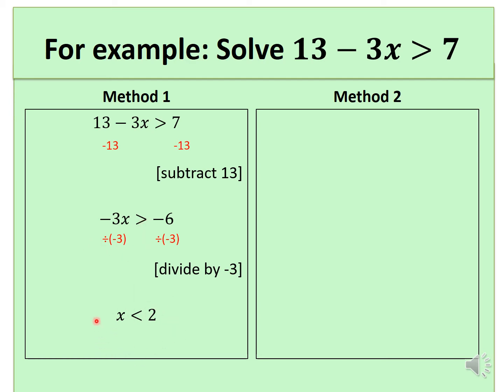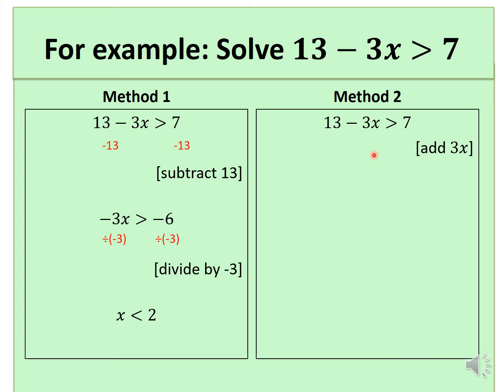Just to prove our answer is right, I'm going to use another method to see if I get the same answer as this one. Okay, so let's see. Let's say we get rid of minus 3x first. In order to get rid of minus 3x, we have to do plus 3x. So we add 3x to both sides. On this side, we will have minus 3x and plus 3x, which will give us nothing.